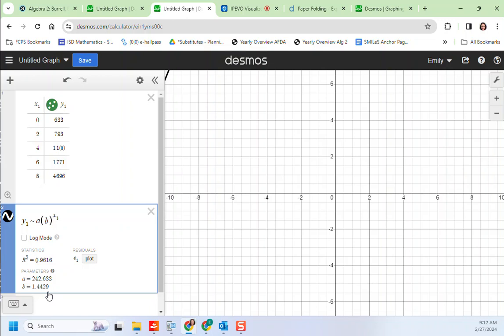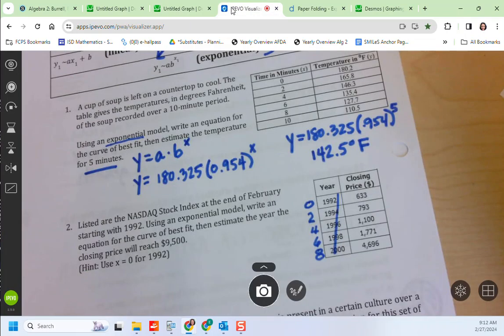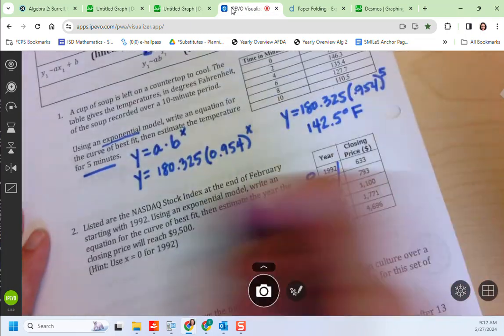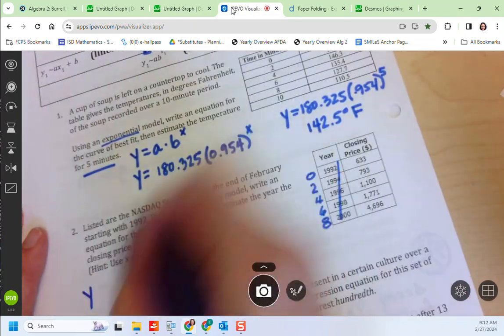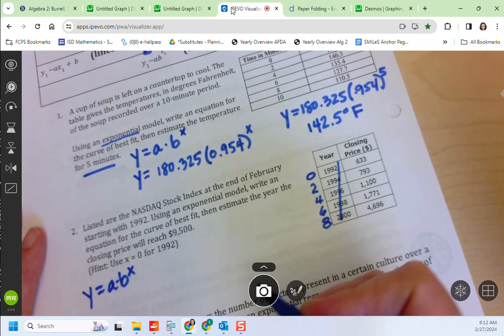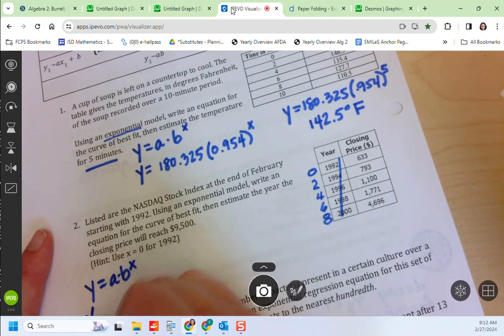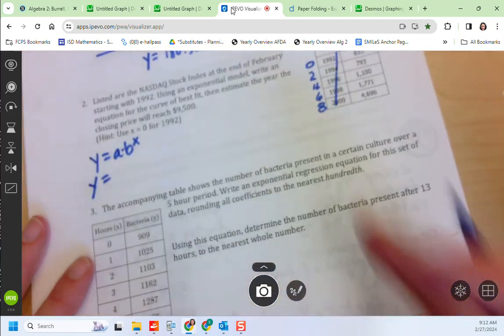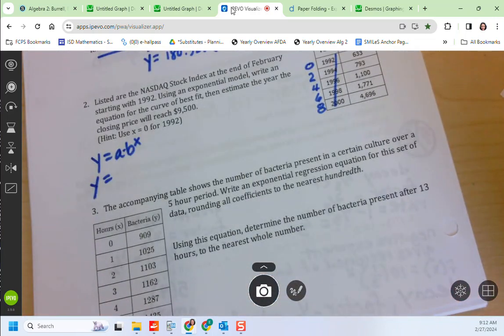Okay. So we're going to use these numbers now to write an equation on our paper. I'm going to write the generic one first, just so I remember. This is what I'm going for. And then instead of A, I'm going to put in my A number, and instead of B, I'm going to put my B number.